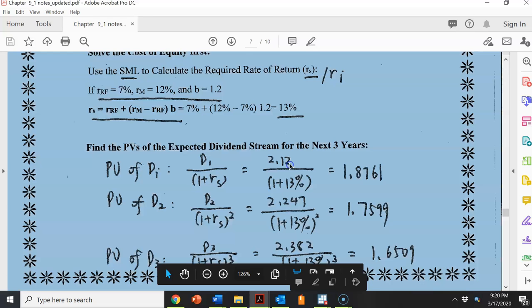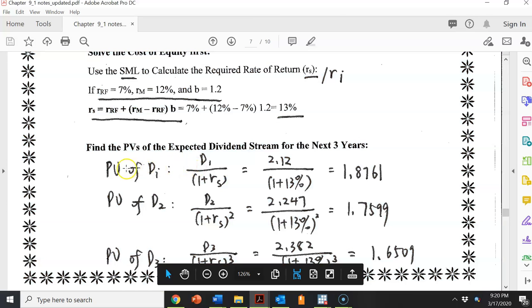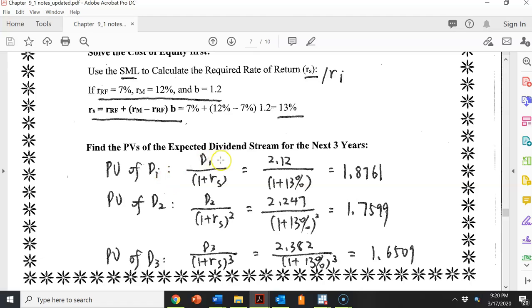In order to get PV of D1, we use D1 over 1 plus RS. So it's 2.12 divided by 1 plus 13%. We have 1.8761. For present value of D2, we can use D2, 2.247 divided by 1 plus 13% square. So we have 1.7599.